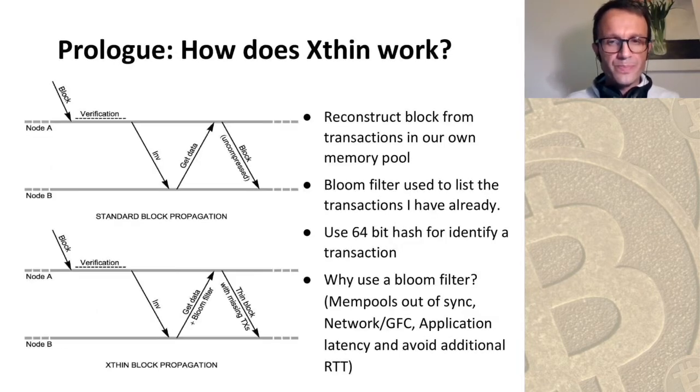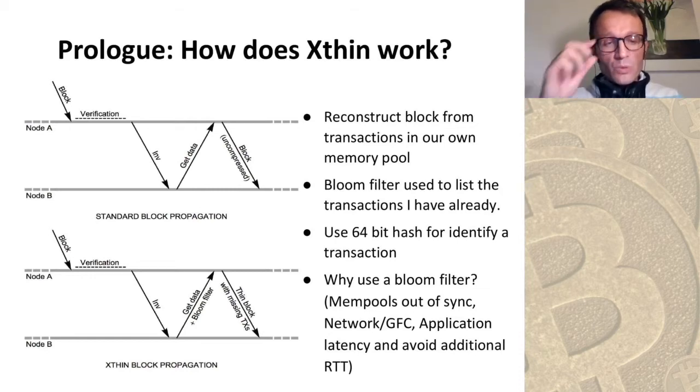So how does Xthin work? Mainly, it reconstructs a block from transactions in our own memory pool without the need of having the transactions transmitted to us from the node that announced the block.